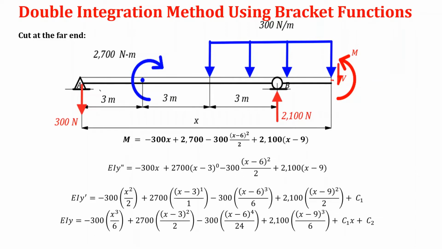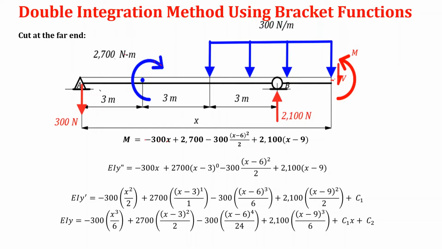Okay, so ani ha, the moment equation, clockwise positive. So, ang 300, pababa man na siya, so negative 300. Moment arm about sa cut, x. And then, ang 2,700 Newton meter na couple, this is clockwise. So, positive na siya.